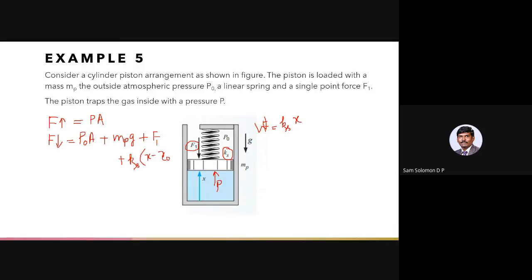X naught is the initial length and x could be the final length. So x minus x naught is how much it has pushed the piston in the downward direction. Initially they have said it was x naught, then it would have been pushed to x. So that is the force in the downward direction, and both these forces should balance.